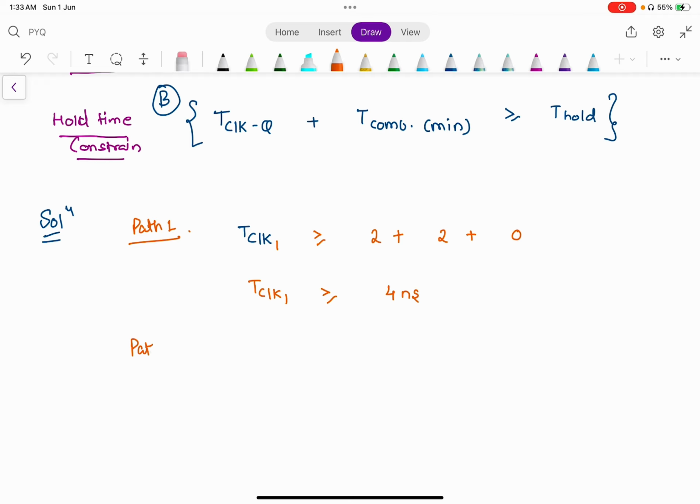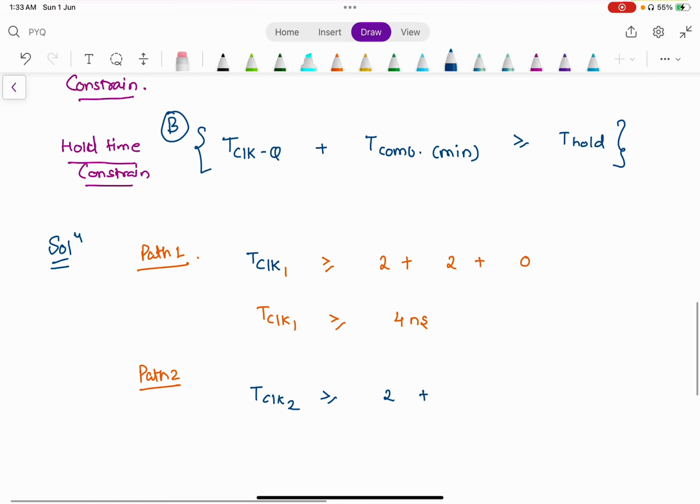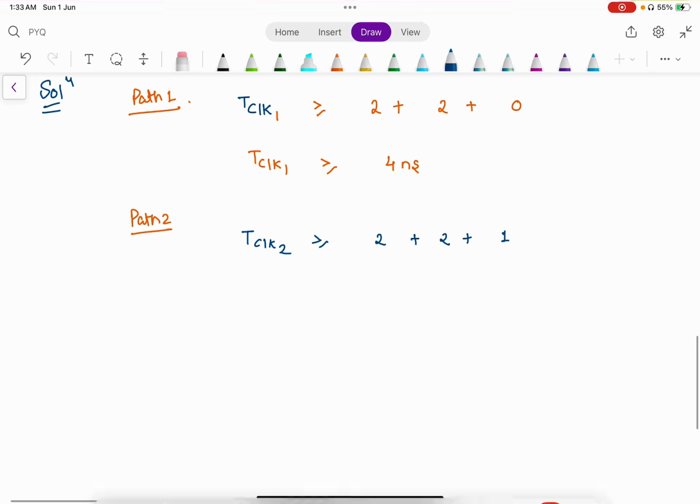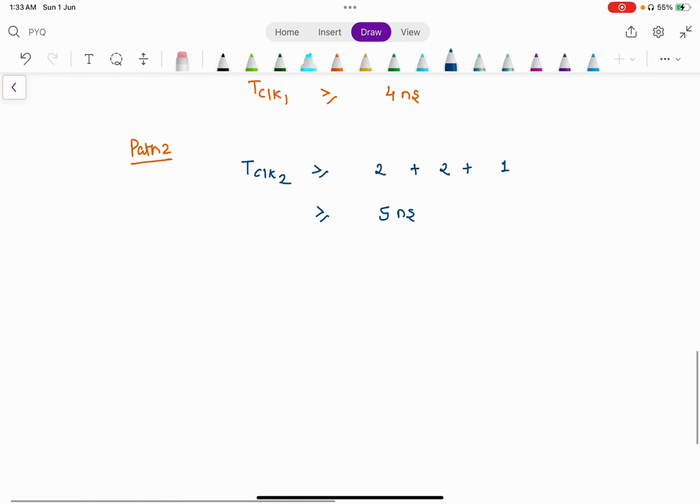Similarly, we will find for path 2, writing the equation and putting the values again. T clock to Q is 2 nanosecond, setup time is 2 nanosecond, and this time one AND gate, which is a combinational circuit, has 1 nanosecond. So it comes out to be 5 nanosecond.